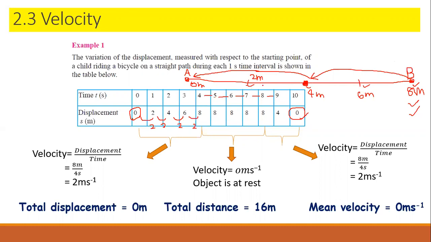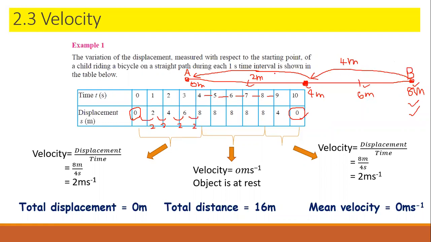So here he has moved at first 2 meters and then again 2 meters. Now it's total 4. Again 2, total is 6. Again 2, up to 8. Now total is 8. Now he has turned back and coming back 4 meters. So now 8 plus 4, now it's 12.